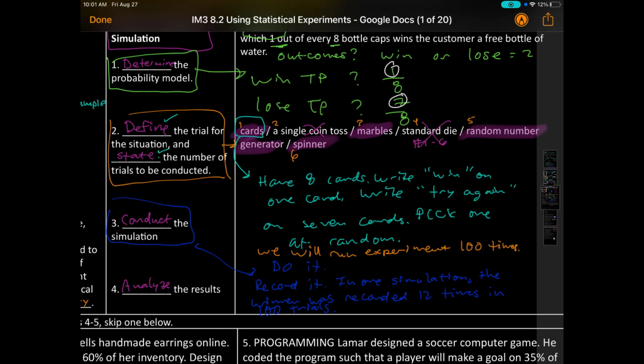So that would effectively give you an experimental probability of 12%, when the theoretical probability of 1/8 is about 12.5%. So pretty close, pretty close.